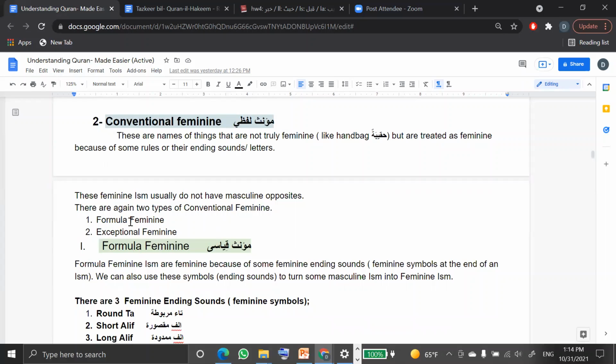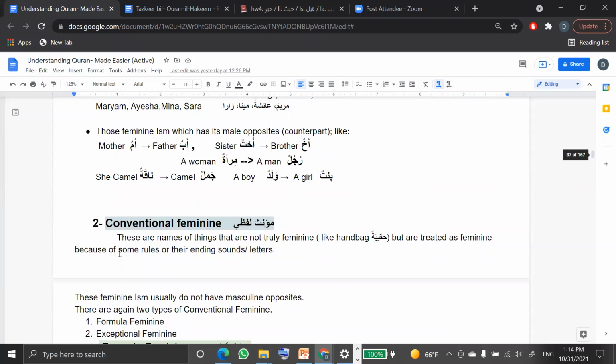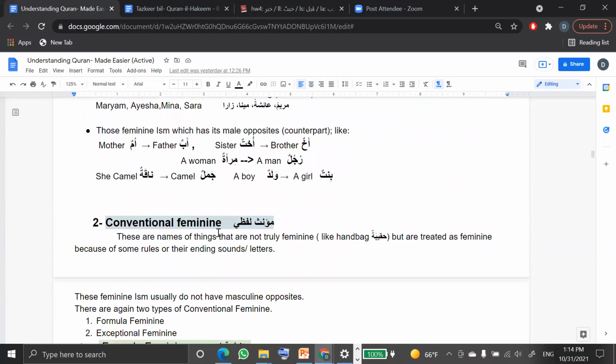Okay, so because of some reason, if an ism is feminine because of some reasons, then it's a conventional feminine, right? The word is considered feminine. Okay, are you getting my point? Yeah. So we have natural feminine and we have considered feminine, or you can say conventional feminism.